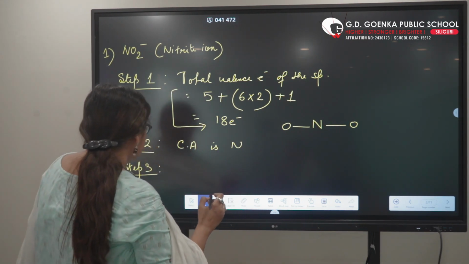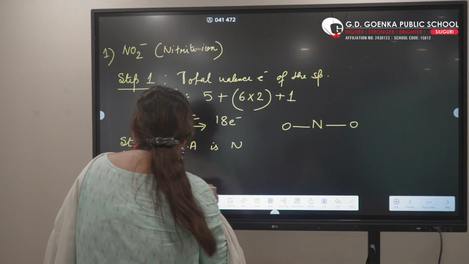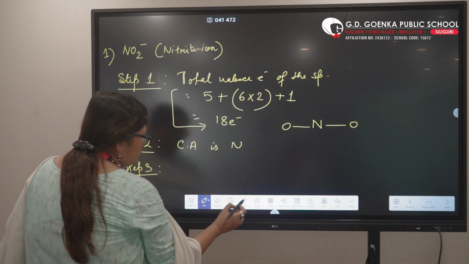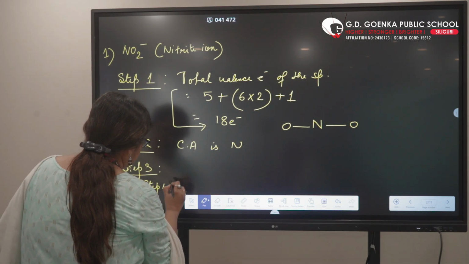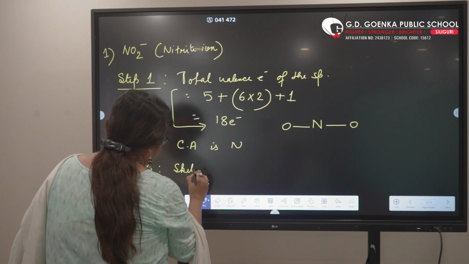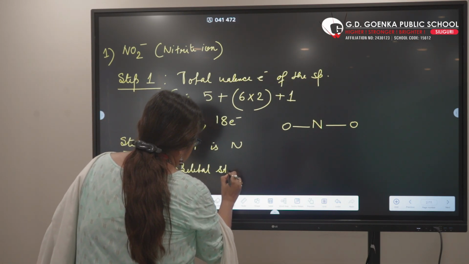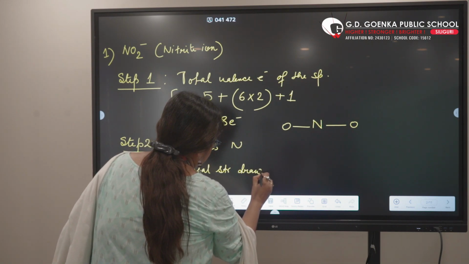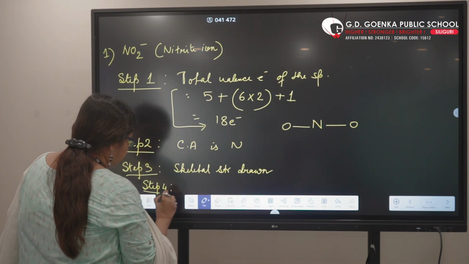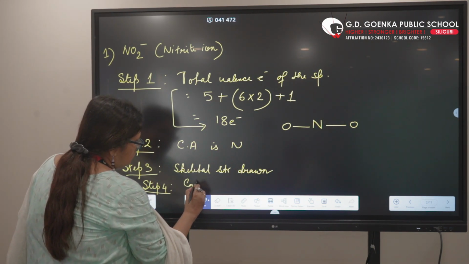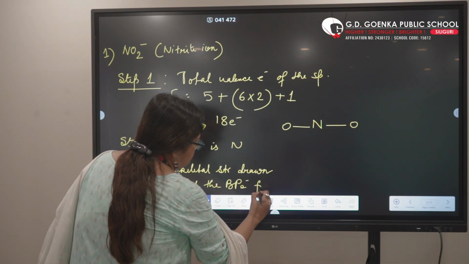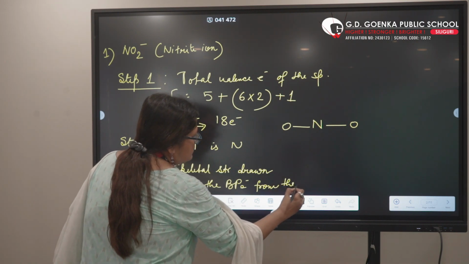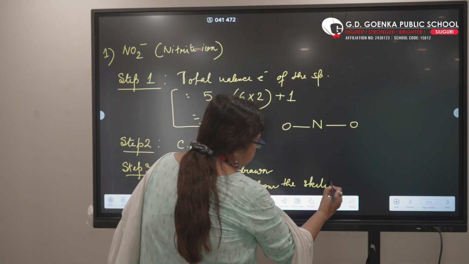Now next is step 4. So what was step 4? Calculate the bond pair electrons from the skeletal structure.